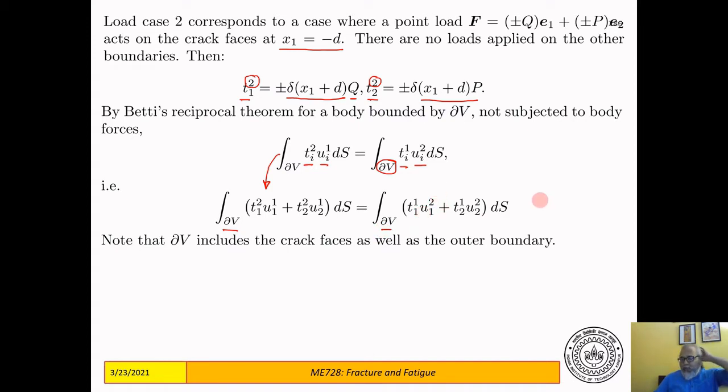And now out of these, the left hand side can now be evaluated. So to evaluate the left hand side, we know that T12 is this quantity, T22 is this quantity, and at least close to the crack tip, we have U11 and U21 given in terms of K1 and K2.